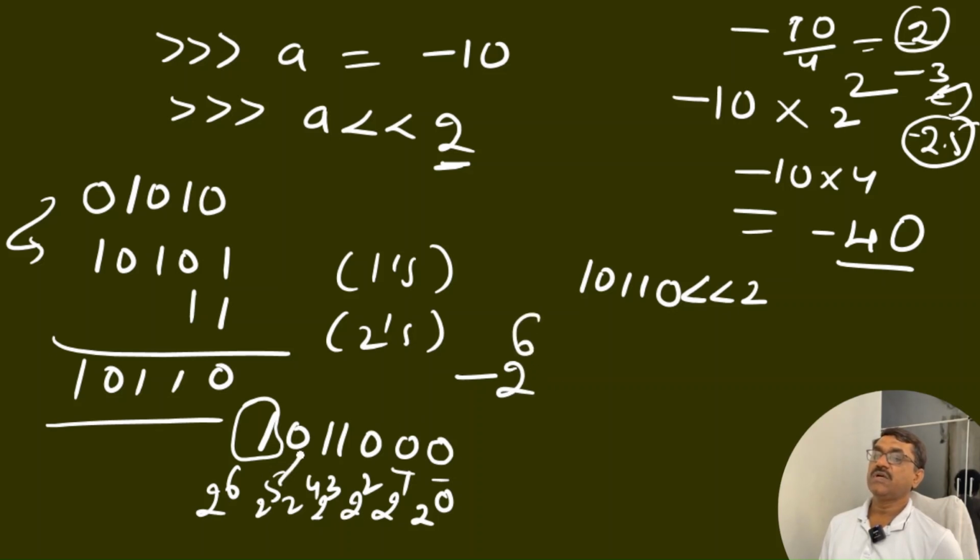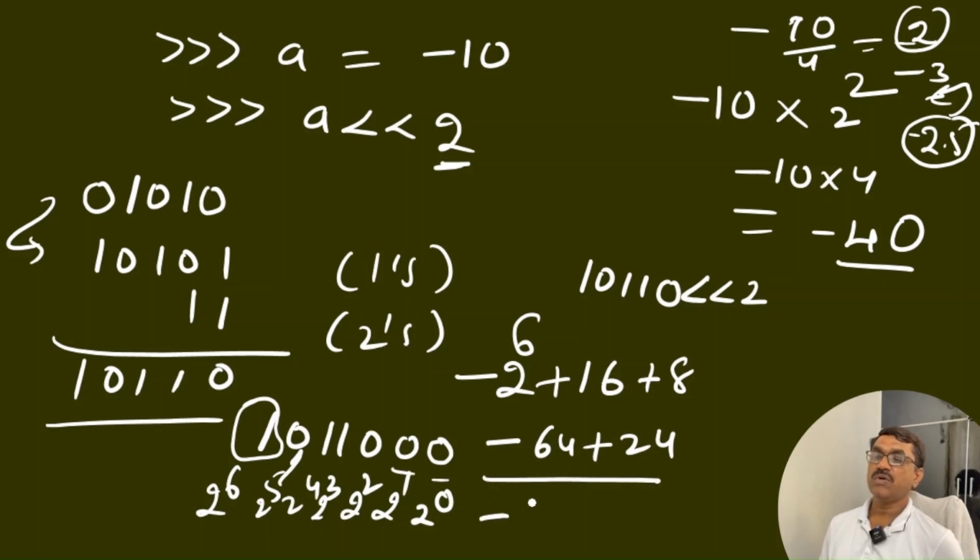Next this becomes 0. Next, 2 to the power of 4, 16 into 1. How much? 16. 2 to the power of 3, 8 into 1. How much? 8. Remaining all are zeros. That means minus 64 plus 24. Minus 64 plus 24, how much? Minus 40. This is minus 40.